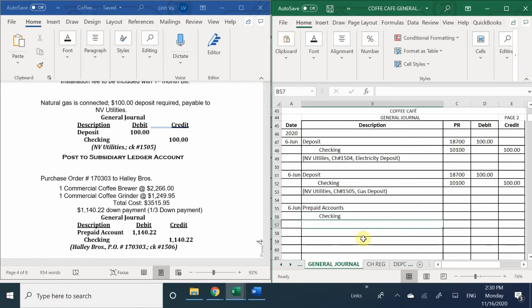So here's checking. Prepaid accounts, what number is that? That is 18600. And checking should be 10-100. Now, what was the check amount for? The check amount was for $1,140.22. Good. 1140.22.